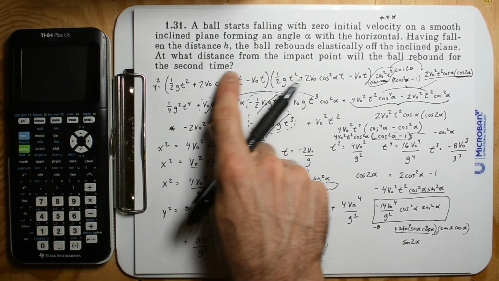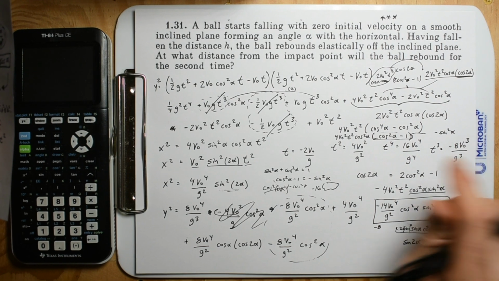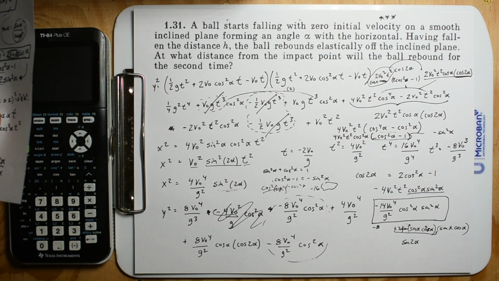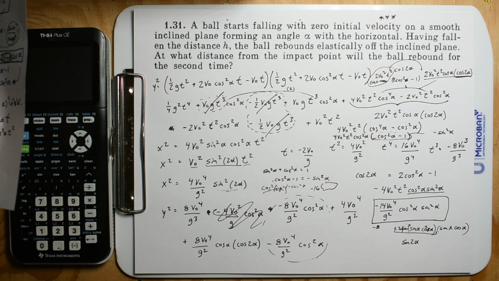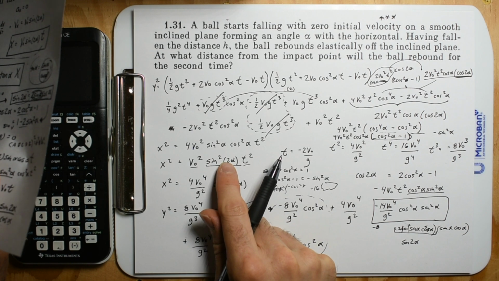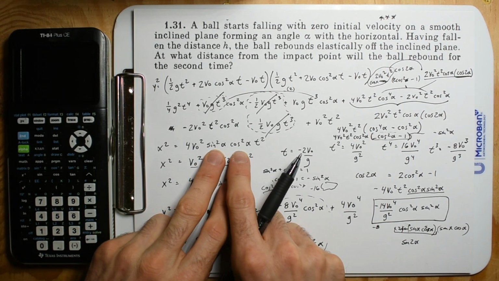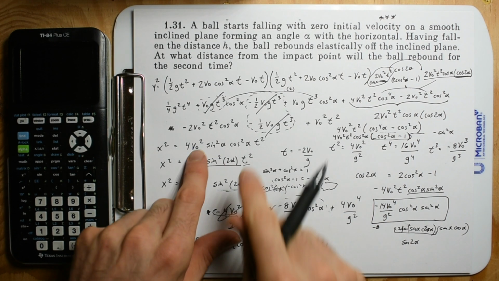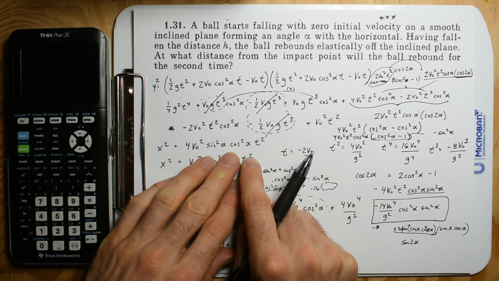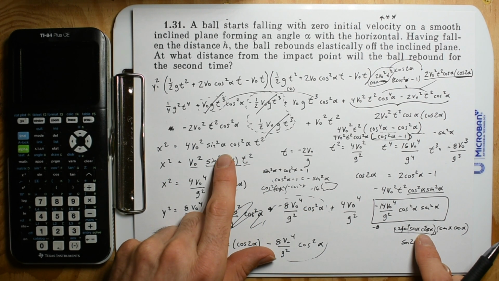And unless I did my foiling completely wrong, you're just gonna have that. Yeah, we definitely have this term. Oh, interesting. Because where did this come from? Sine squared alpha cosine squared alpha. I think that's where we just got that term.